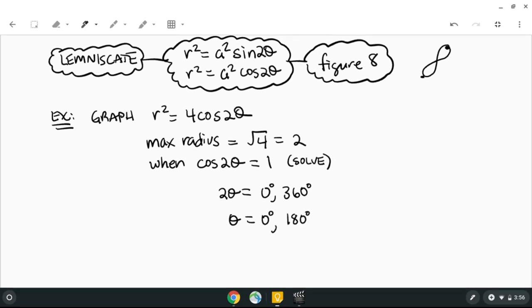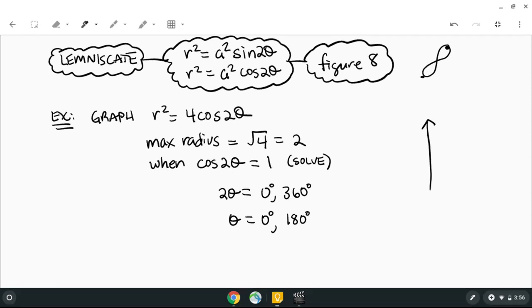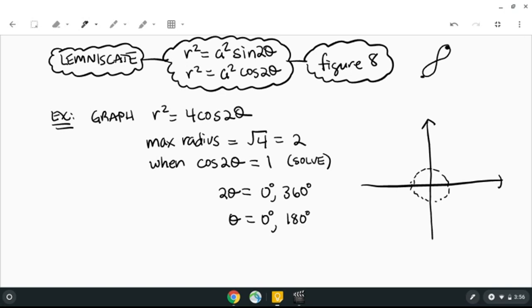So that's where your two petals, you can think of them, are going to be, at 0 degrees and 180 degrees, and it's going to have a radius of 2. So when you graph this, here is my circle with radius 1. Here is my circle with radius 2.